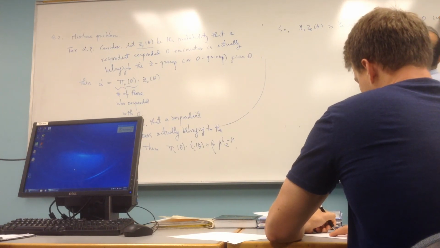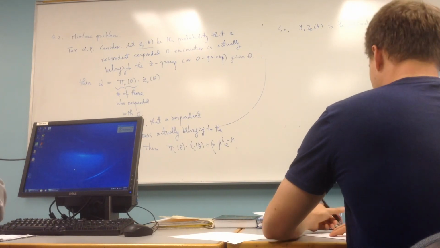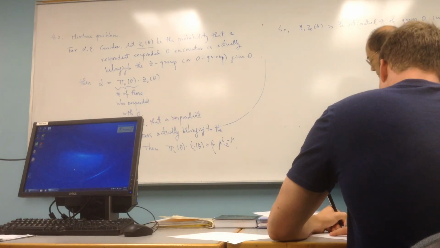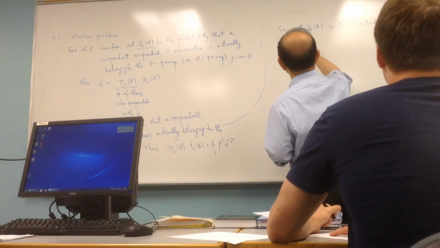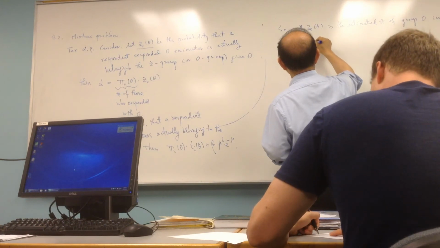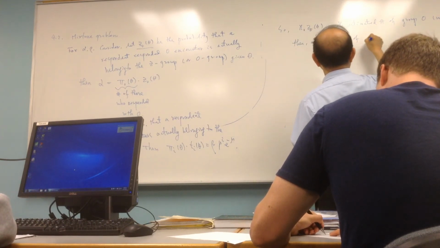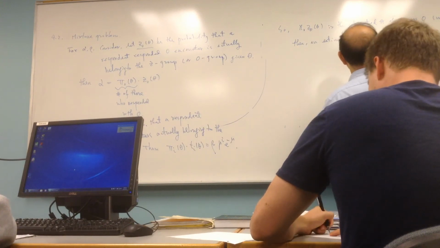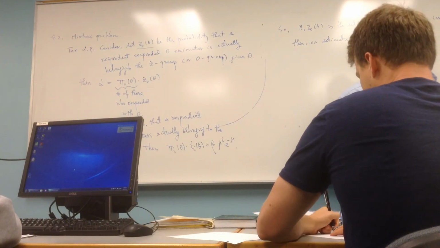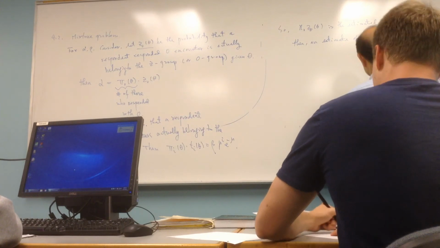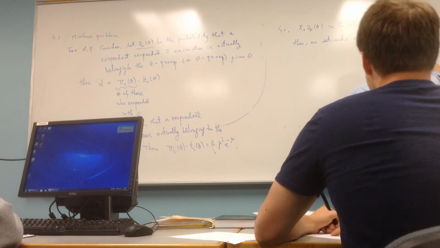Group 0. Then an estimate of alpha is what? N0, Z0, and theta.